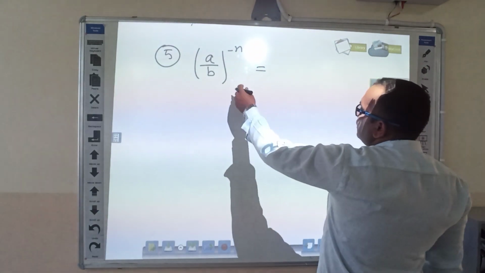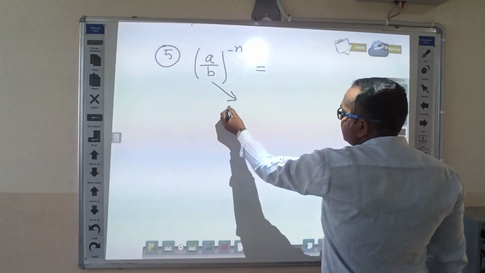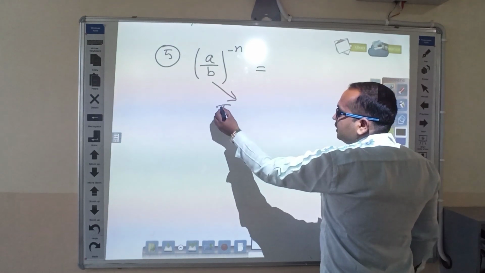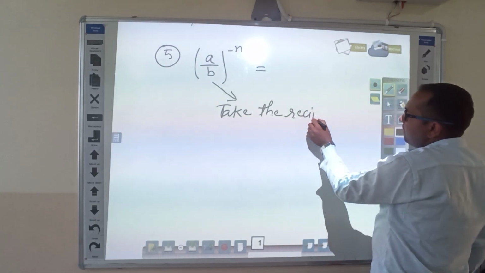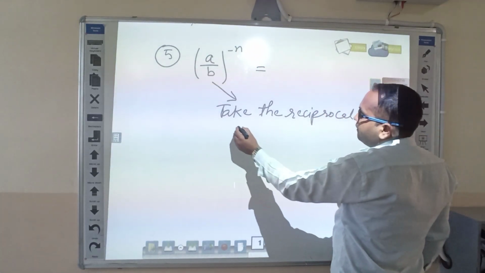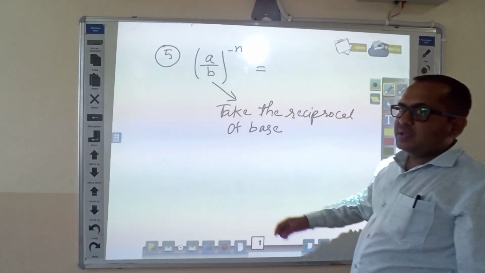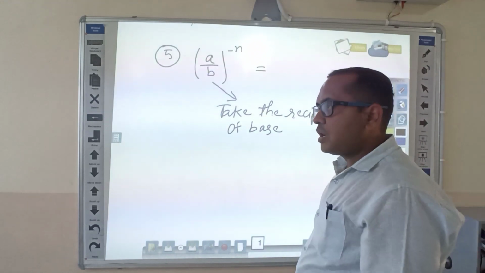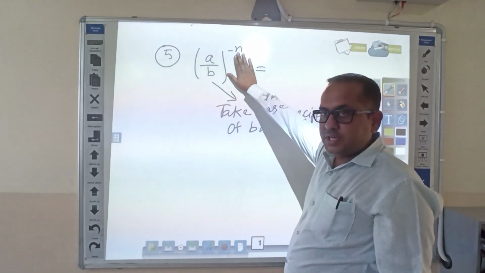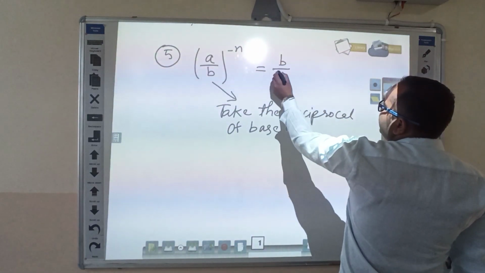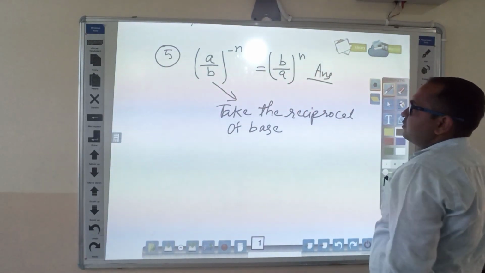This law states that for converting a negative exponent into a positive one, we simply take the reciprocal of the base. Here the base is a/b, so we take the reciprocal of that base, b/a, and then the negative exponent is converted into a positive one.